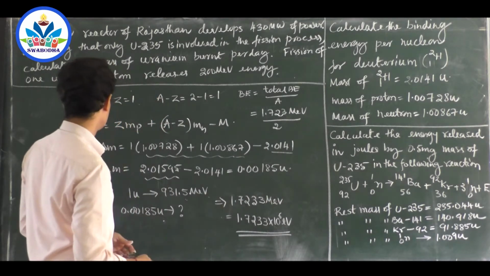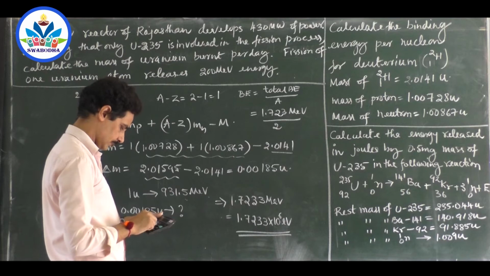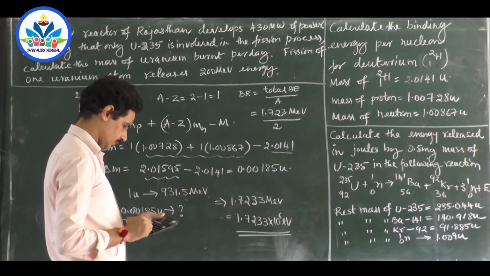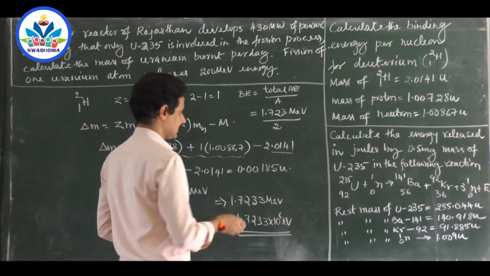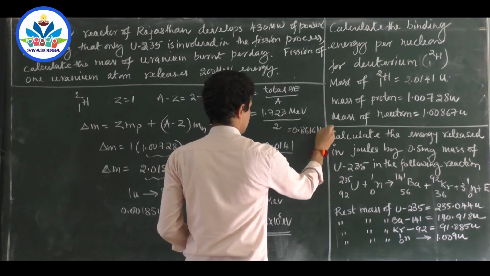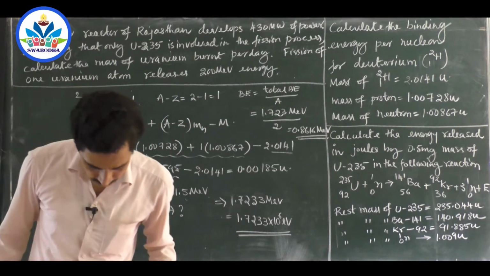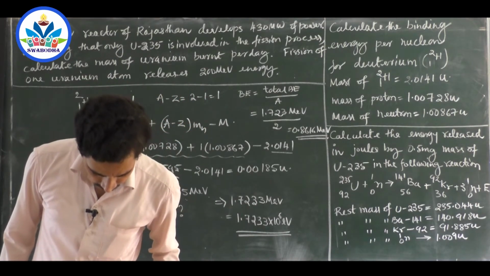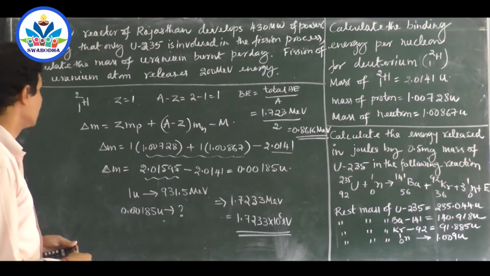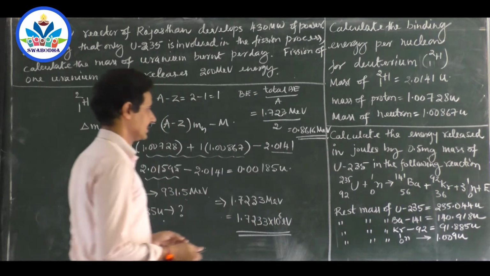Because mass number is 2. That gives you 0.8616. So this is 0.8616 million electron volt. This is the answer, the binding energy per nucleon for deuterium.